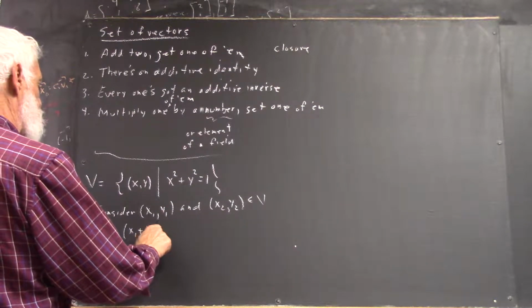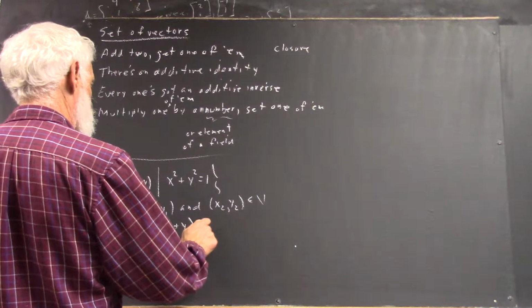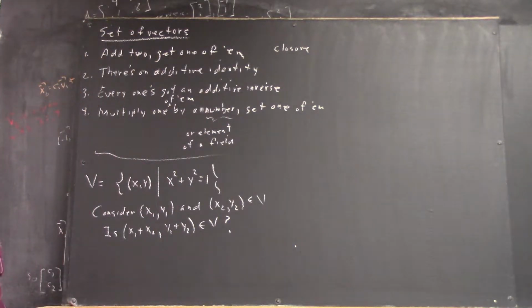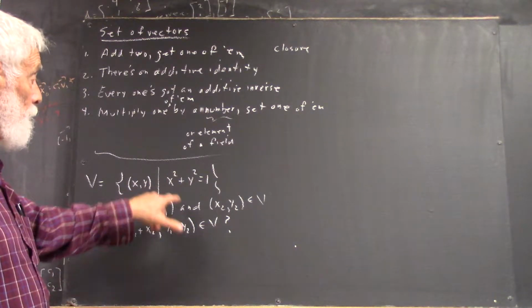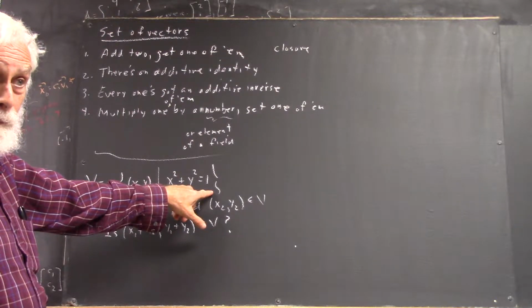Okay, so if you add these, you get x1 plus x2, y1 plus y2. Is that a member of V? Well, what's the criterion? You square the first component, square the second component, add them, you got to get 1, right?